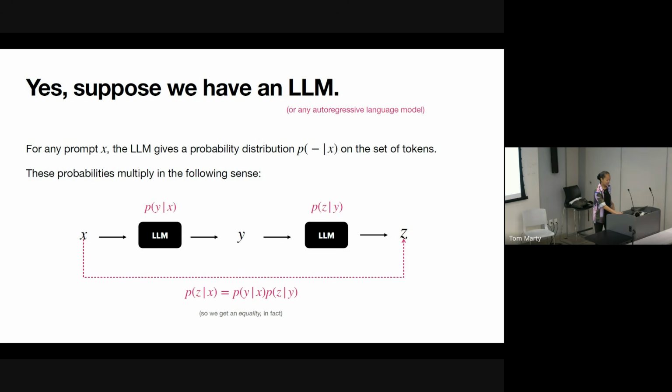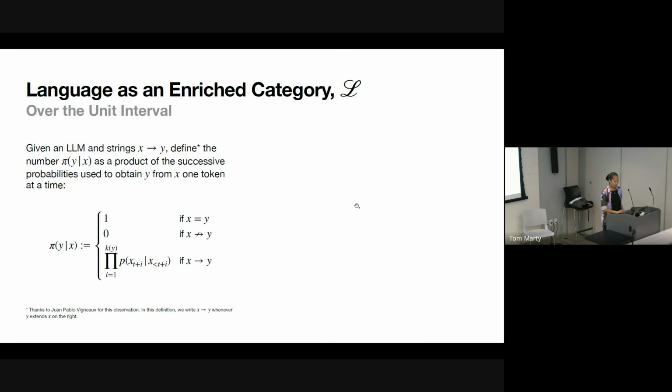So in general, if you think of a long string as being obtained by sampling it one token at a time, and you do that with a language model, I can think of defining these pi's from these probabilities on token sets.